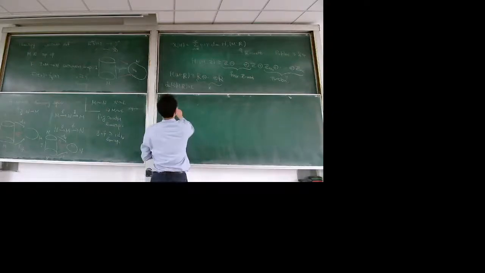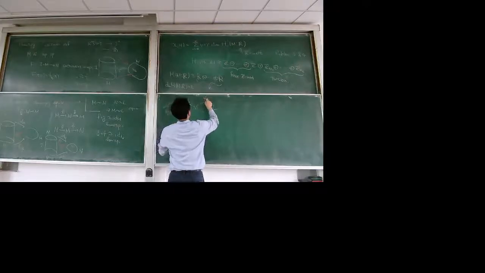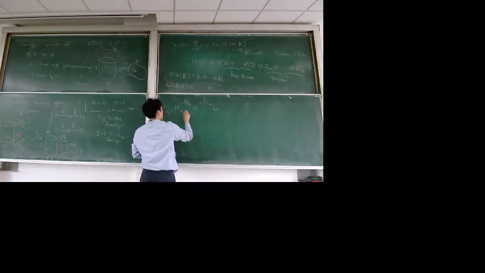If you have M goes to N goes to L, so there is a homotopy equivalence. It means that there is a homotopy inverse.